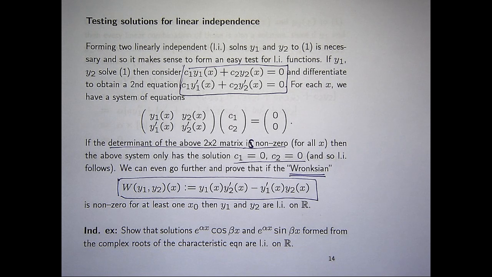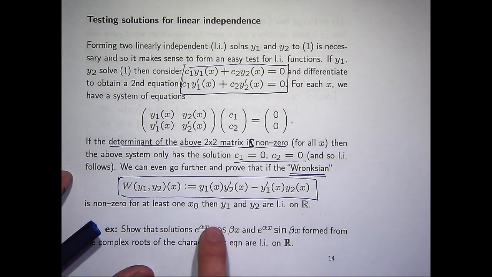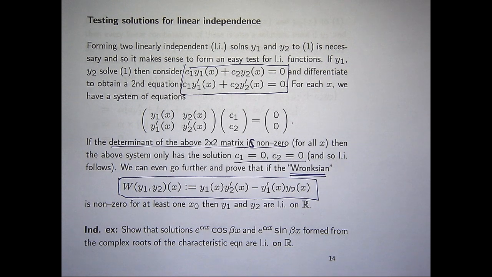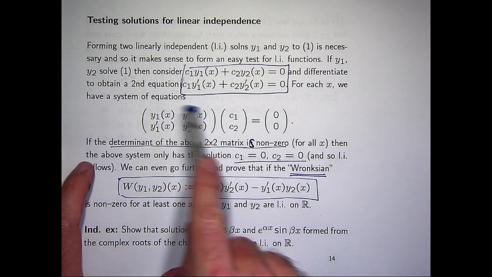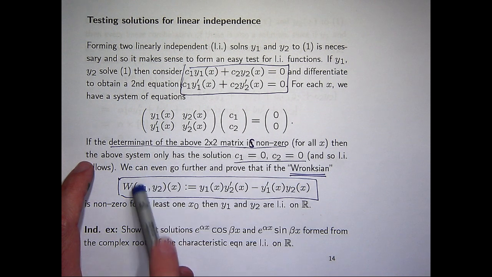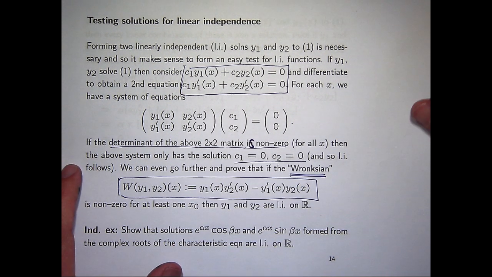So here's another example. These two solutions from case 3, where you have the complex valued roots, are linearly independent, just by calculating these and showing that the Wronskian's always non-zero in this case.